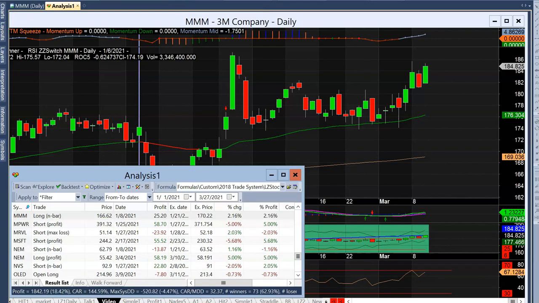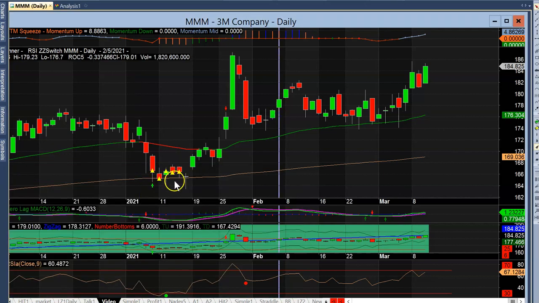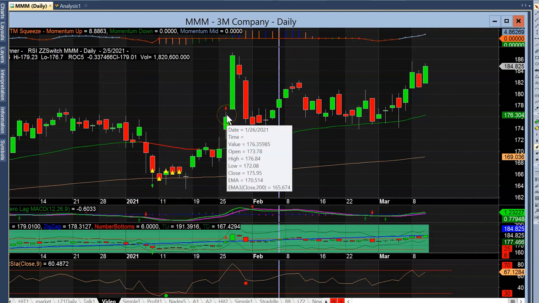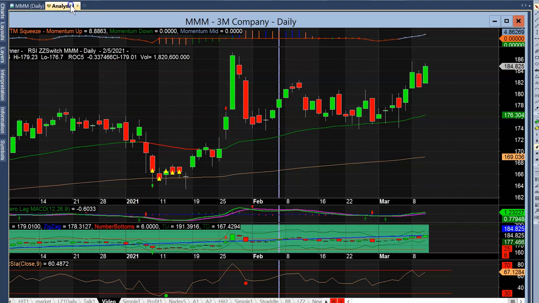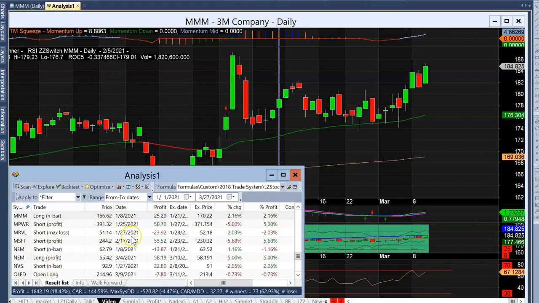One thing I want to show you before I go is that you can double click on any one of these things here, and it'll show you the little green and red arrows where you bought and where you got out, and that's a winner. Now, you must remember that sometimes it won't show all the trades because you only have $10,000, and there might be more trade signals than the $10,000 will cover.